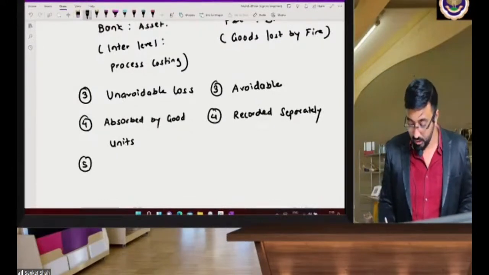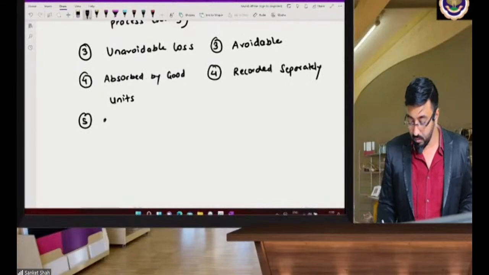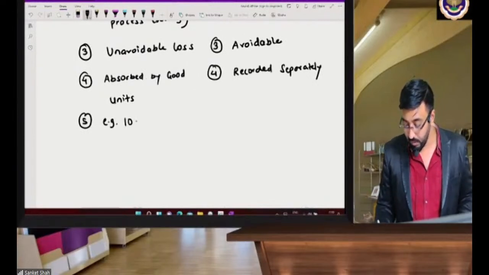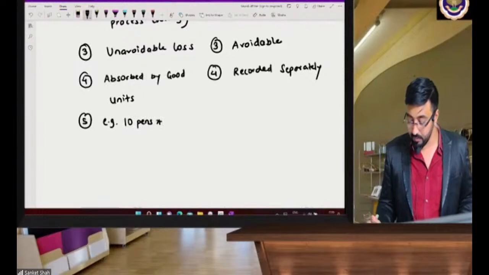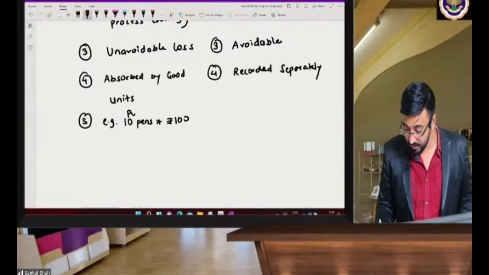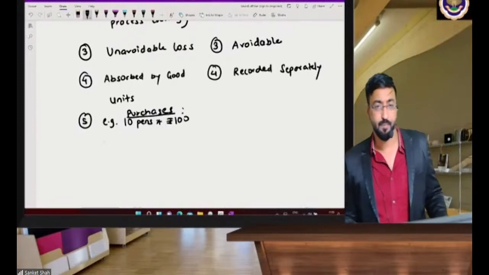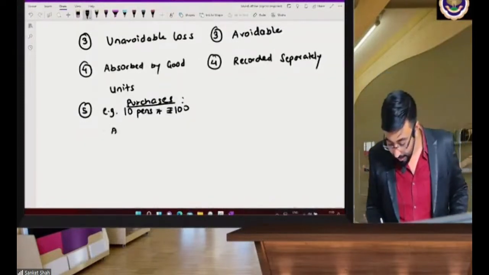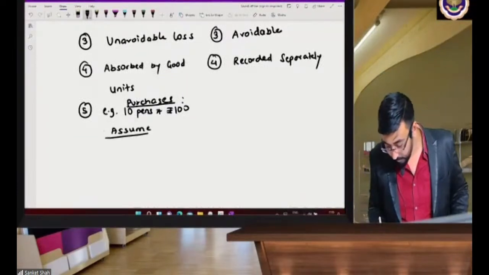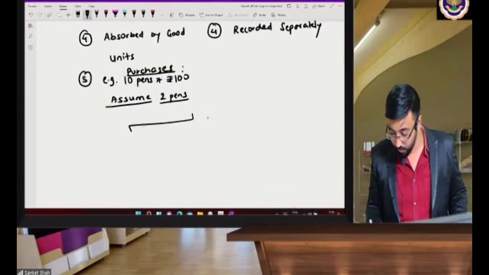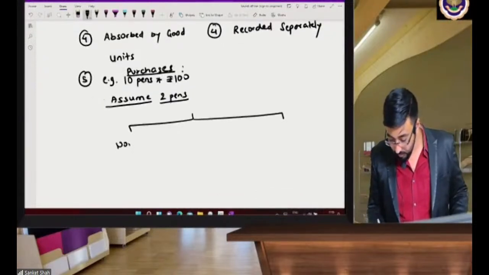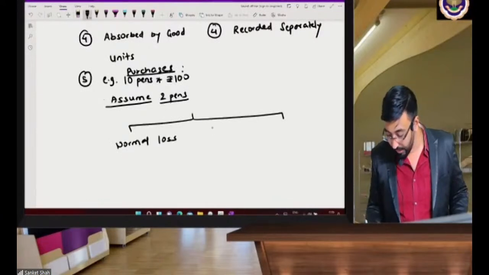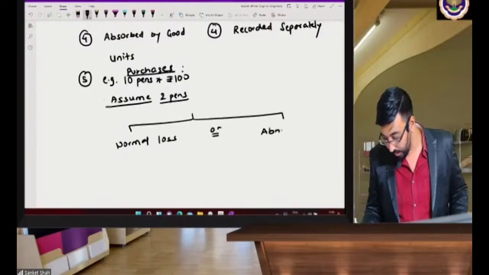And now I'm giving you the example. You purchase 10 pens at rupees 100 each. Assume 2 pens are lost. Now there are two cases: normal loss, or abnormal loss.